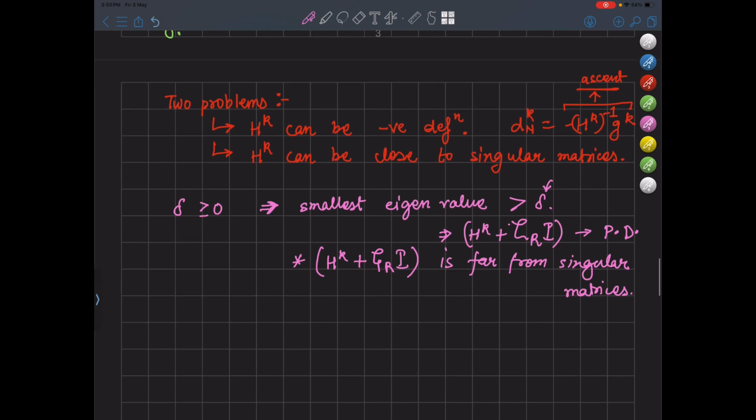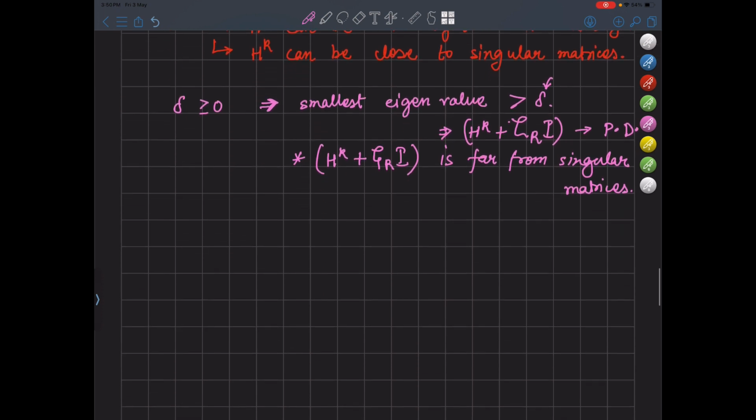So now this dk, given by minus Hk plus xi r I inverse gk, is a descent direction.